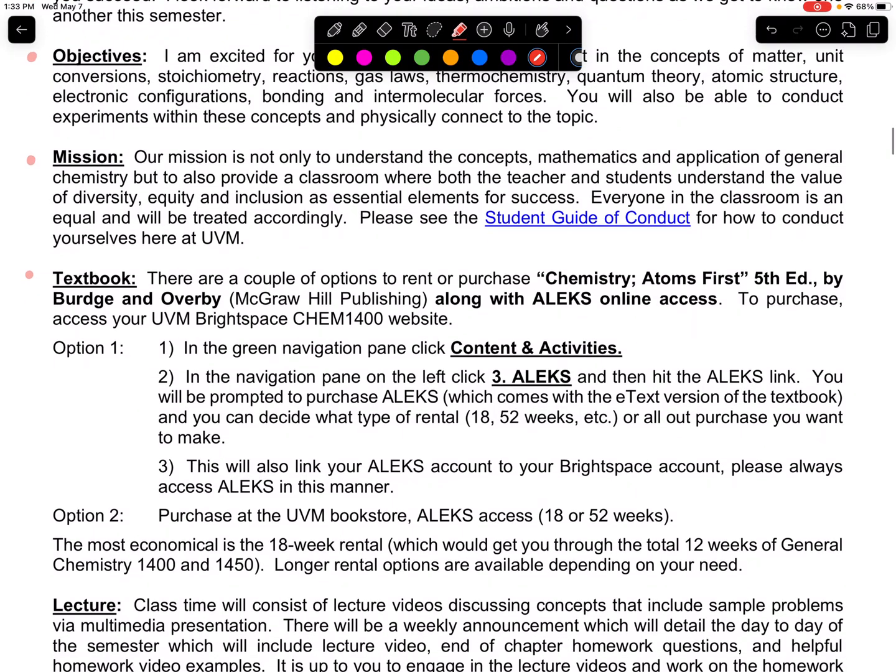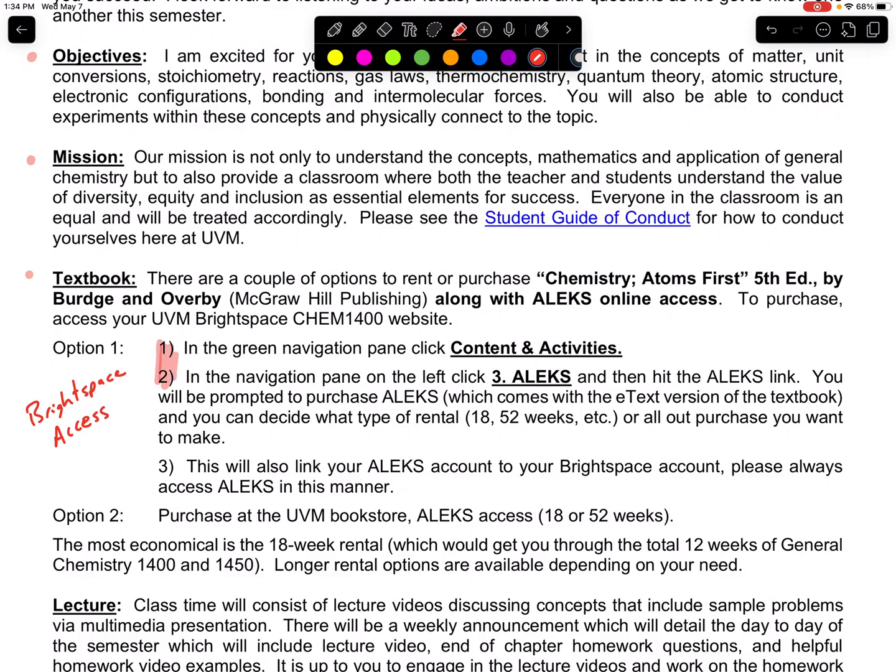There are a couple of options for buying it. One is to go through Brightspace, which might be the easiest option. Basically, what you want to do is go to the content and activities part of our Brightspace course and access the third folder, which is our ALEKS folder.